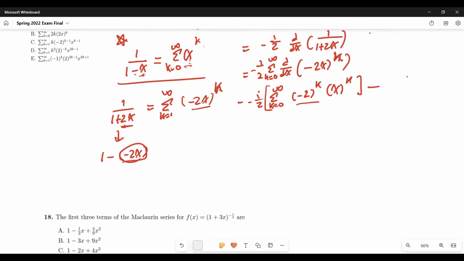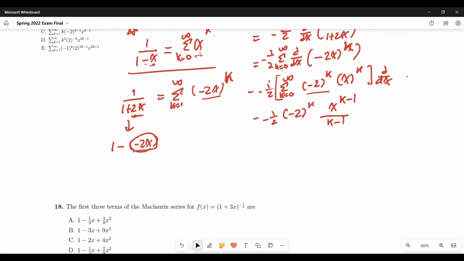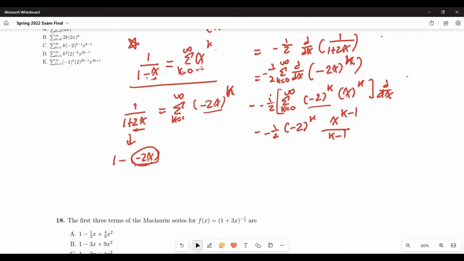Okay, d over dx. So that becomes negative 1 over 2. Negative 2 to the k will just come out because they are constant. And this is x to the k minus 1 over k minus 1 power. Right? Hold on.